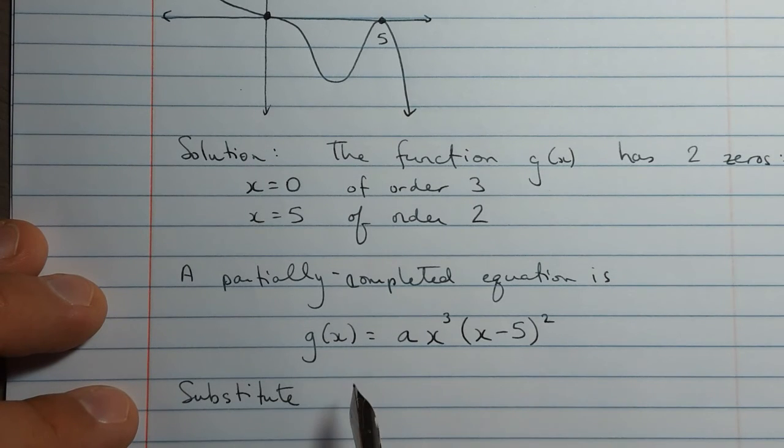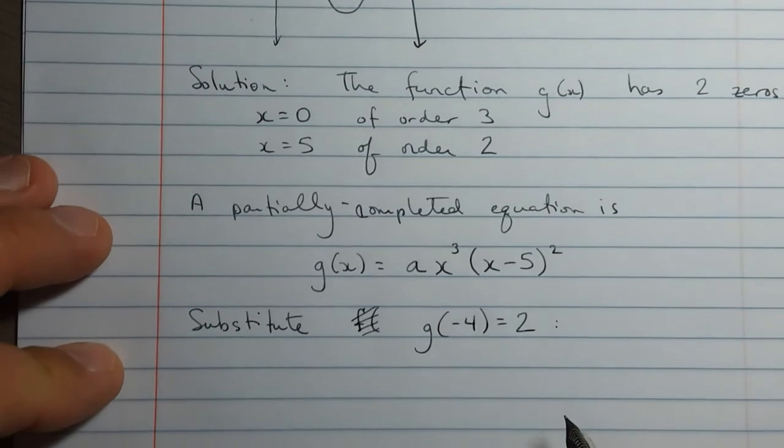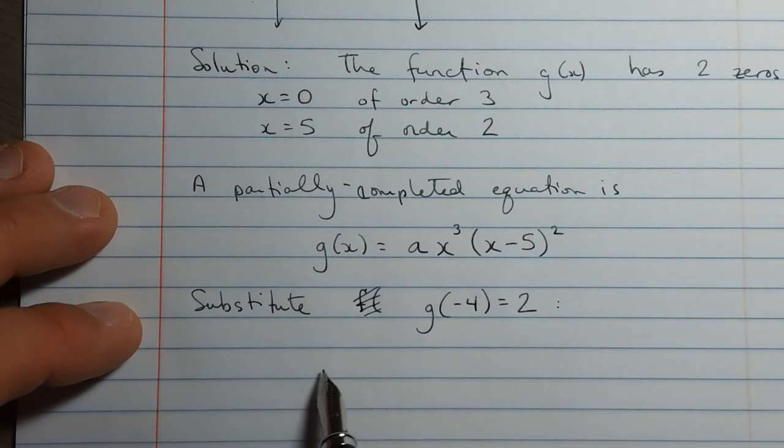So we can substitute the point negative 4, 2. I'm going to do that by writing this. We're going to substitute, I'm sorry, not f, g at negative 4 equals 2. The x value is negative 4, the y value is 2. So let me start filling that in.